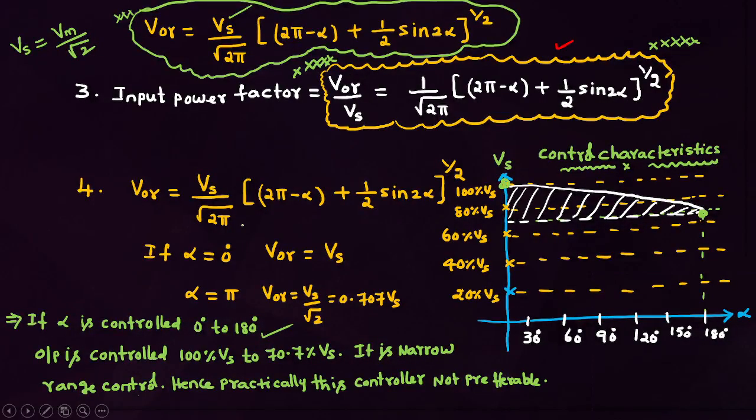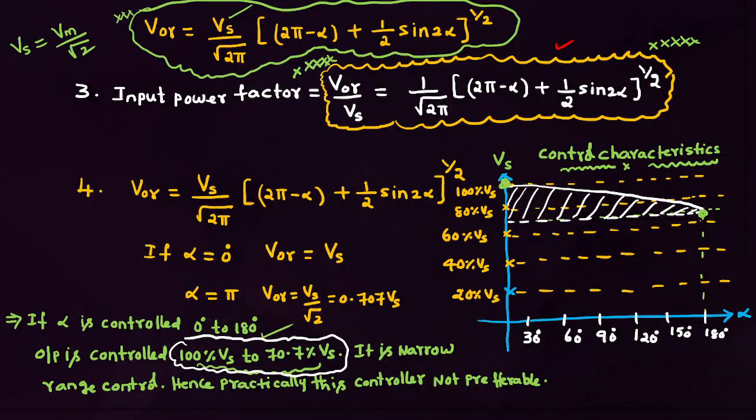That is a very narrow range of control. It is controlled from 100% Vs to 70.7% Vs, friends, nearly 100% to 71%, that is, only about 29% control.